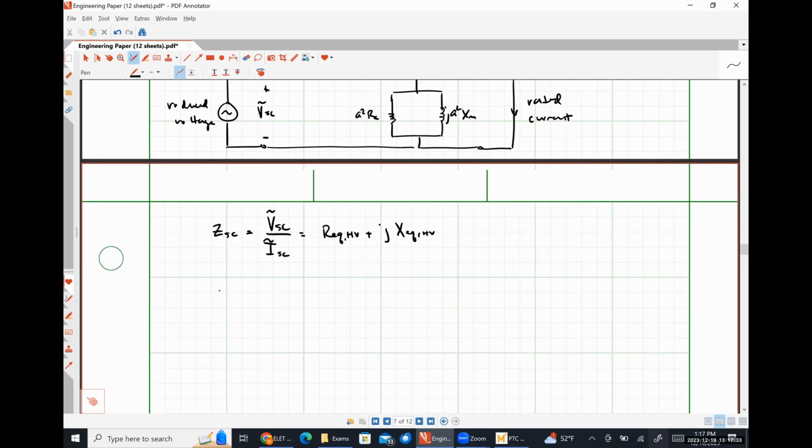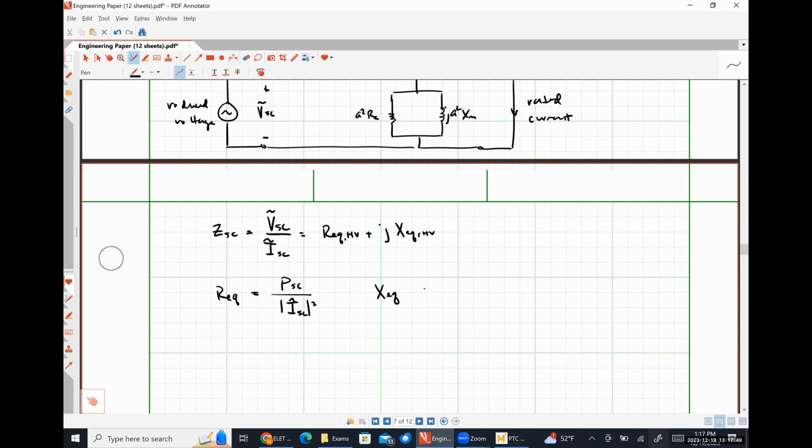And again, using complex algebra, we find that our equivalent resistance is the short circuit power divided by the magnitude of the short circuit current squared.